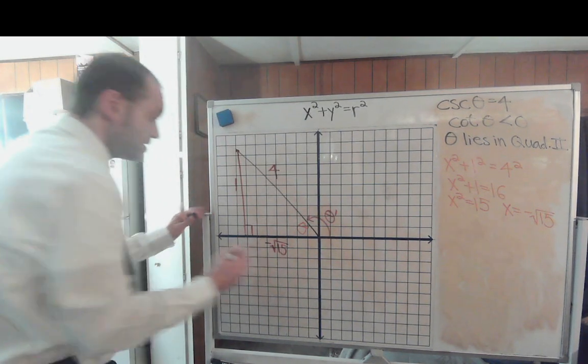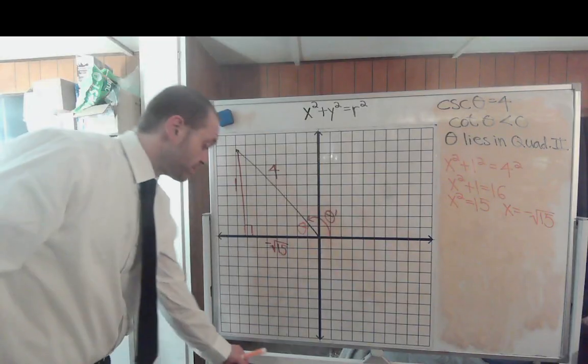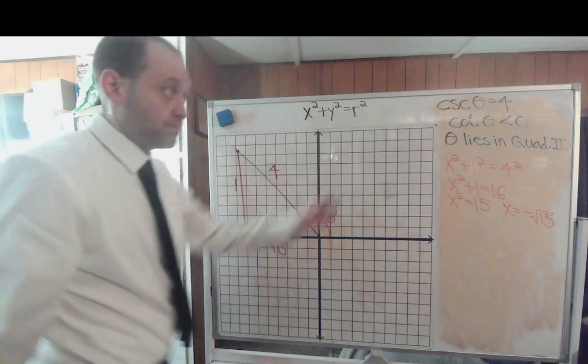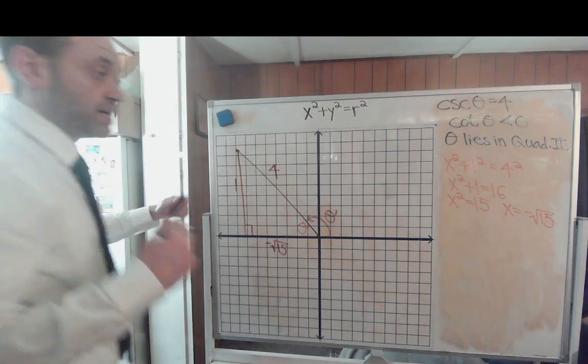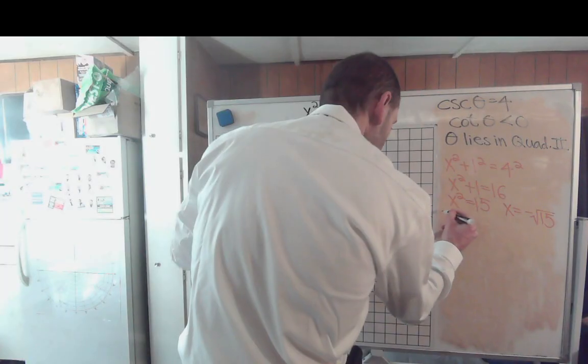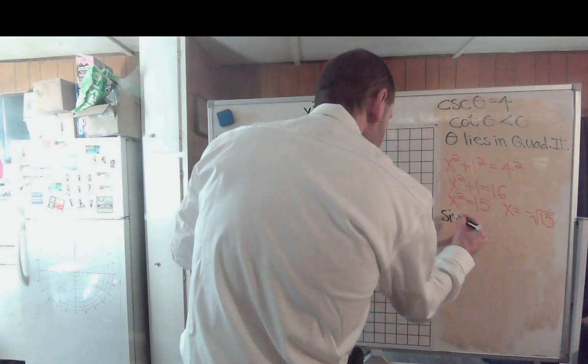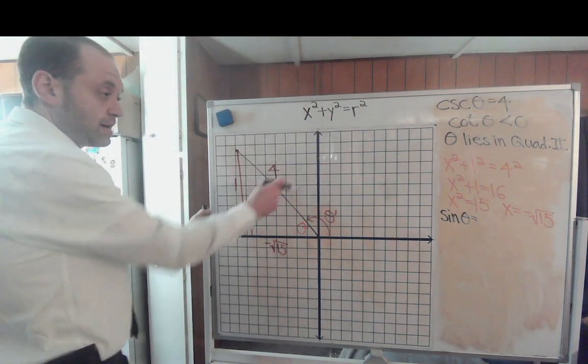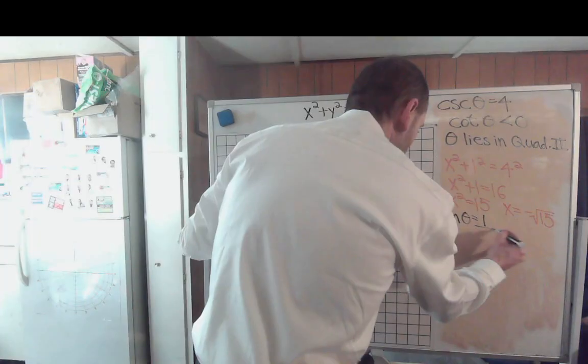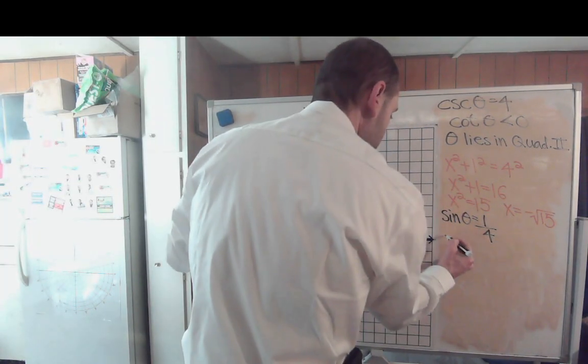All right. From here, we can find the remaining trig functions. So let's go for the sine of theta to start with. The sine of theta, that's going to be the opposite over the hypotenuse. That'd be 1/4, positive 1/4 at that.